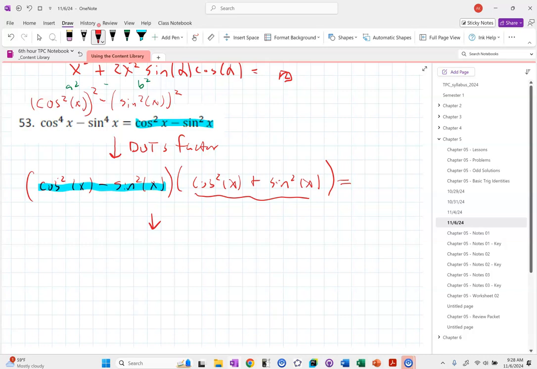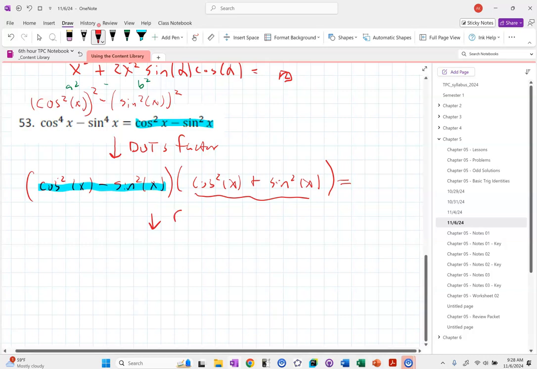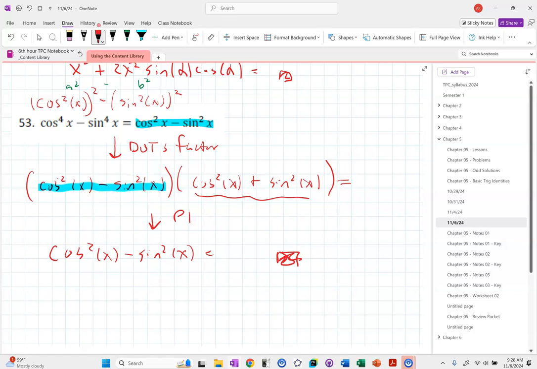That is P1. Sine squared plus cosine squared is just 1. So just like when I multiply 1 to anything, it doesn't do anything, and we're done. Yay! Looked way worse than it was, right? Looked way worse than it was.